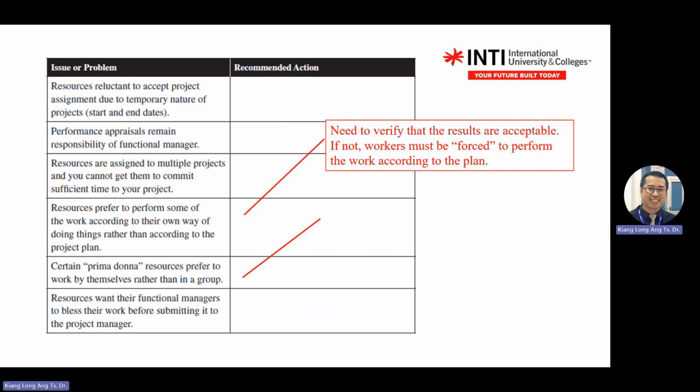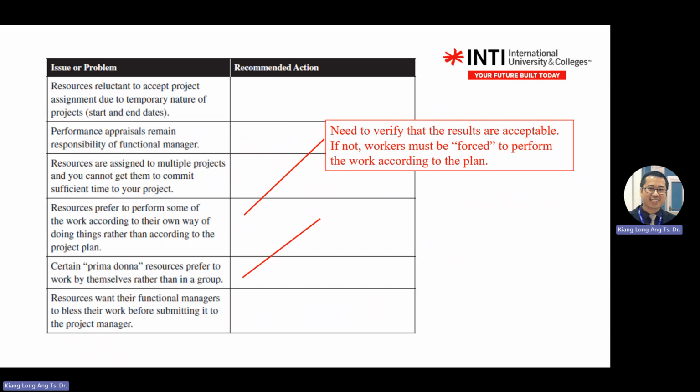What do you do with this kind of resource?